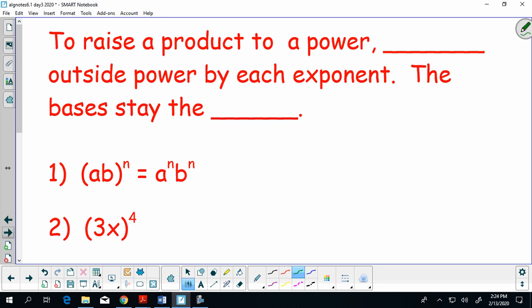All right, so here are the other kind, when we raise a product to a power. That means there's more than one item inside the parenthesis. So here there's an AB and here there's a 3x. There could be multiple items in here if it's a raise a product to a power. We still multiply the outside power by each exponent on the inside, and the base still stays the same.